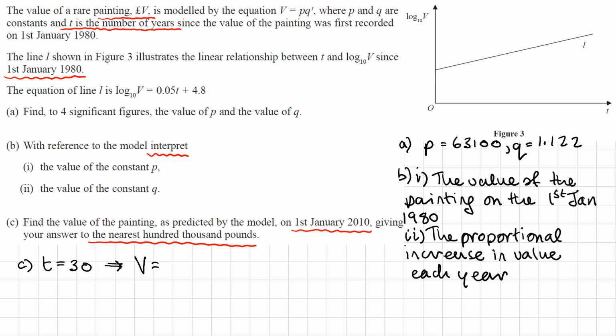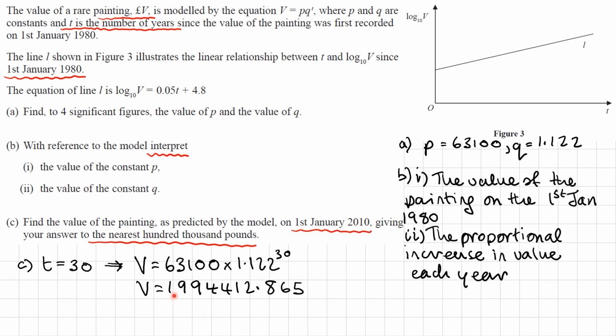Now P we've got as 63,100 times 1.122 to the power of 30. Okay, let's do that on a calculator and see what we get. So I'll get 1994412.865.